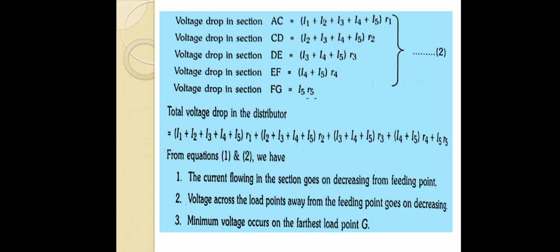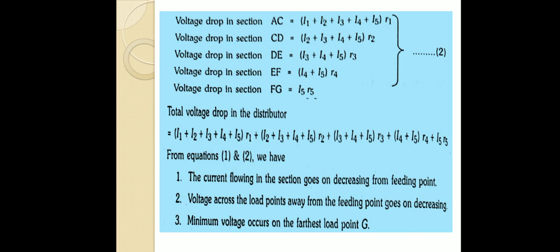Therefore the total voltage drop in the distributor is V1 plus V2 plus V3 plus V4 plus V5, that is VAC, VCD, VDE, VEF, VFG.